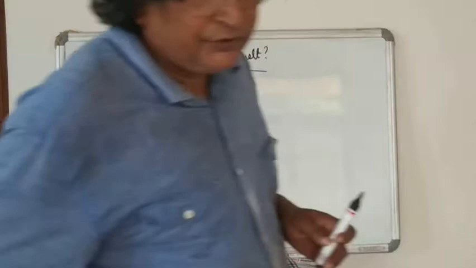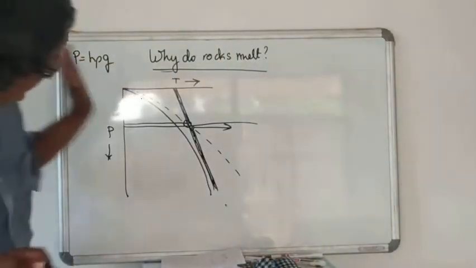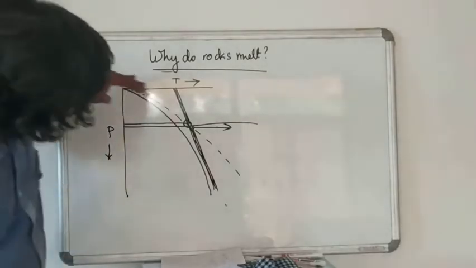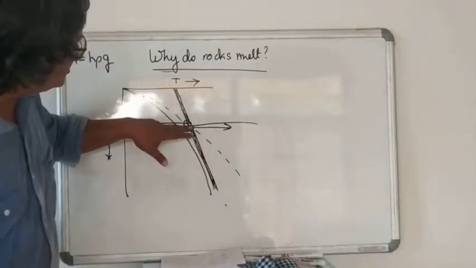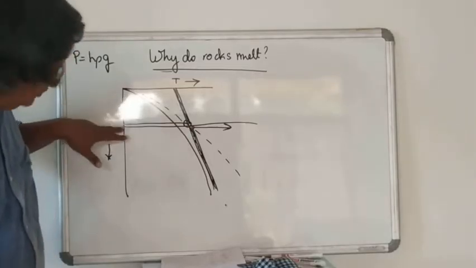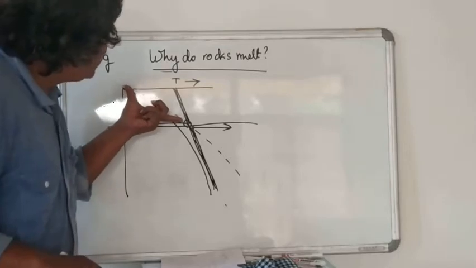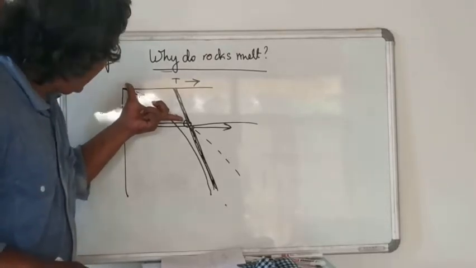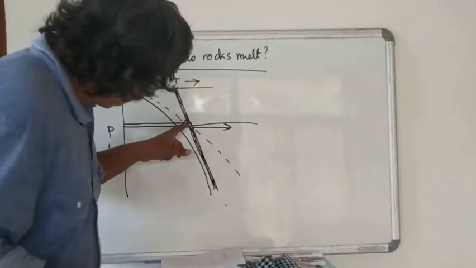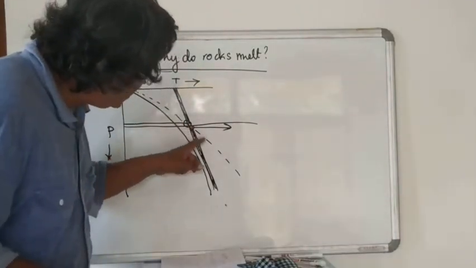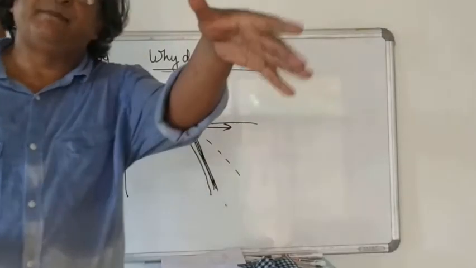Have you understood? This is quite simple to understand, I believe. For this geotherm, the broken one, above this pressure or depth, rocks don't melt because the geotherm temperatures till that depth are lower than the melting temperature. But below this depth, the temperature of the geotherm is more than the melting temperature.